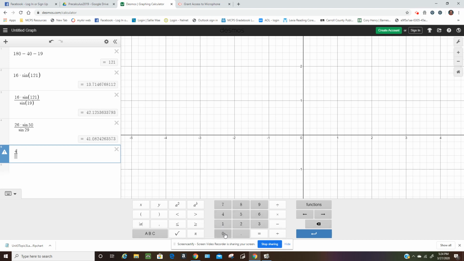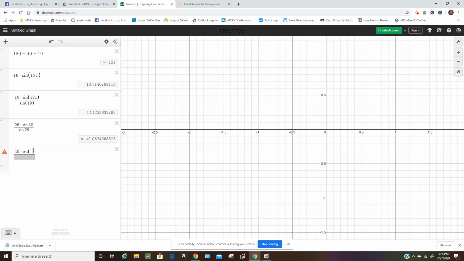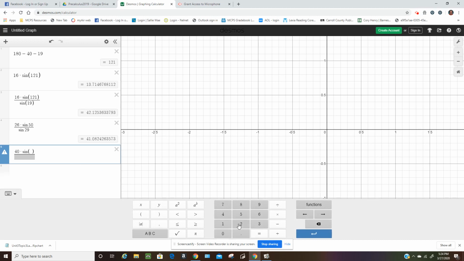So 40 times sine of 20. If I go to the functions key, I can find sine, and then 20 inside of here. And then in the denominator, I want to put sine of 62. Go back to the function key, find sine, and put 62 in the parentheses. So right here is your answer, 15.49. I'm going to round it to 15.49.